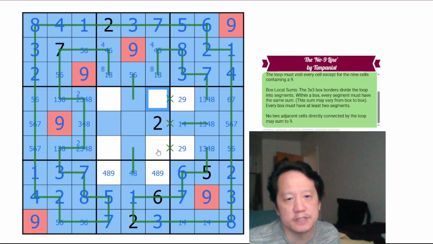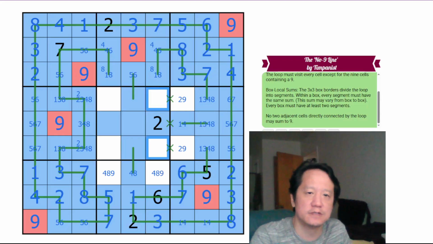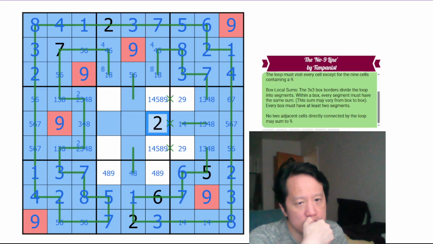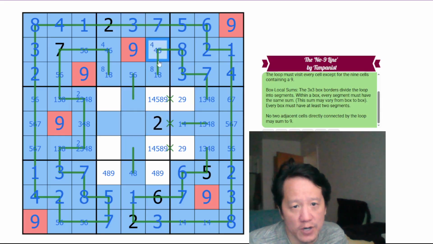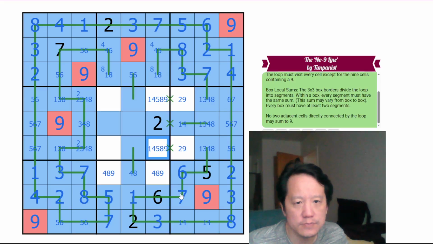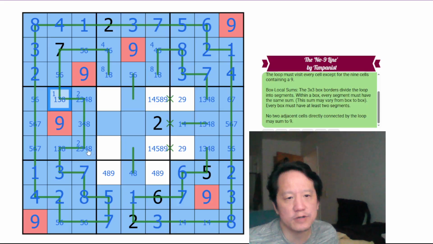Okay, remaining digits in column 6. We have 1, 4, 5, 8, 9. If this is 4, 8, this has to be 9 there. 1 is guaranteed to be one of these two.